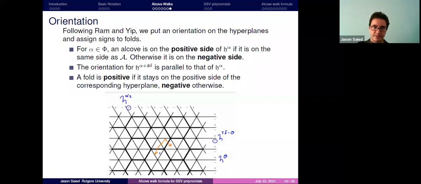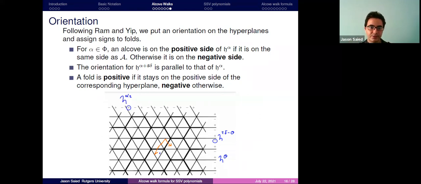And the negative side is the other side. So for this alpha 2, you can see I circled this plus because this is where the fundamental alcove is. And the minus is the other side. For every other hyperplane, every alpha plus some multiple of delta, the orientation is just parallel. We just shift it over. So you can see at the top here, for all these hyperplanes parallel to alpha 2, it's just minus plus, minus plus, minus plus.